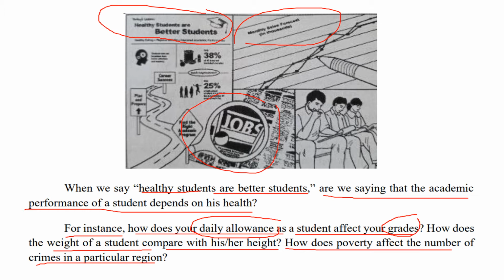With this lesson, we will learn how to determine whether there is a relationship between two variables using correlation analysis. We will also learn how to predict the value of one variable in terms of the other variable using regression analysis.